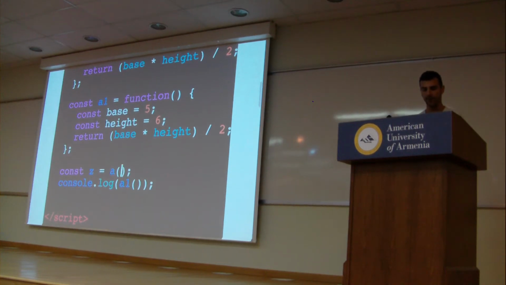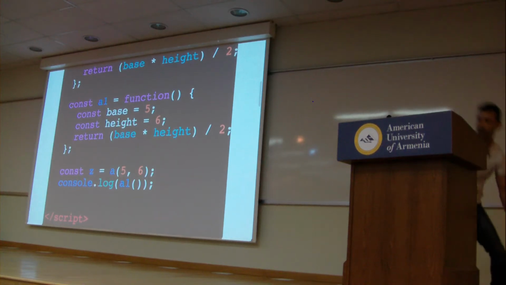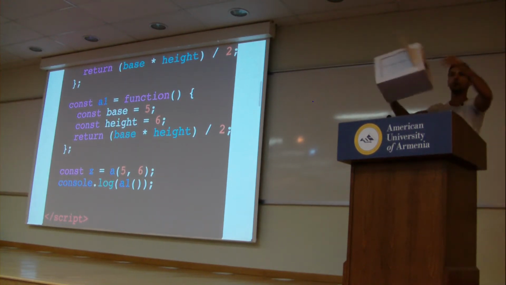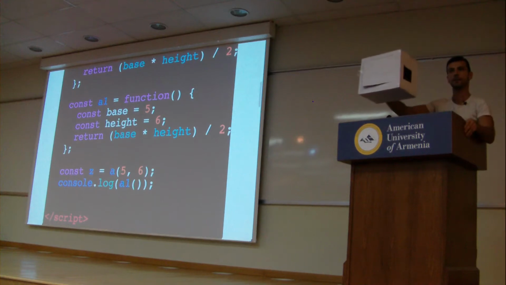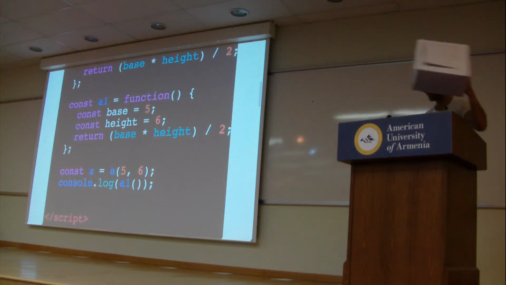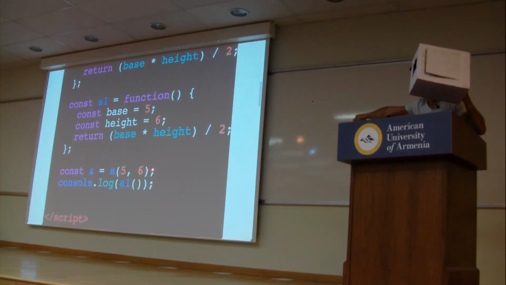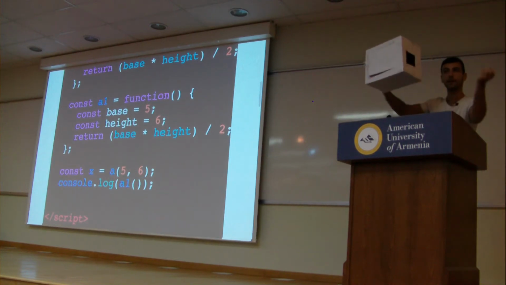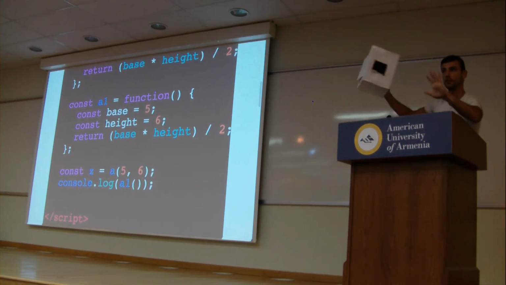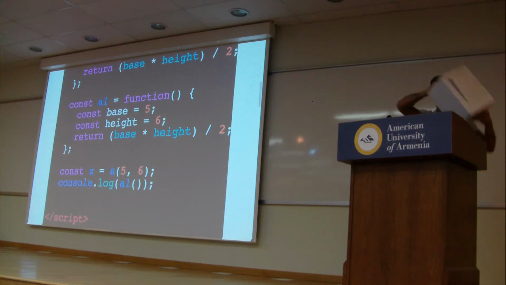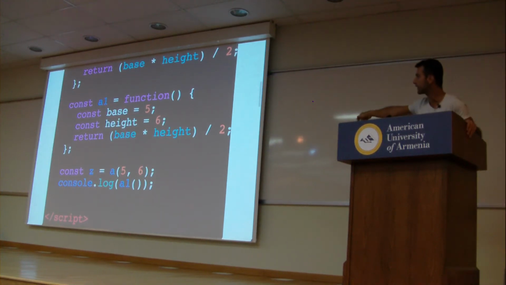Let me pass a 5 and a 6. This is me putting 5 and 6 into this hole. 5 and 6. This hole is this hole. And I'm putting in a 5 and a 6.